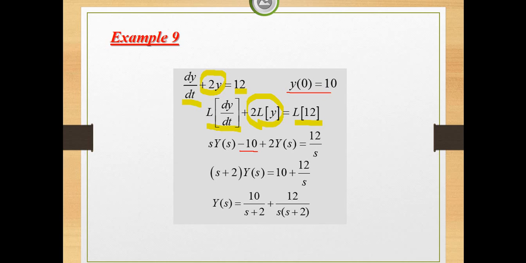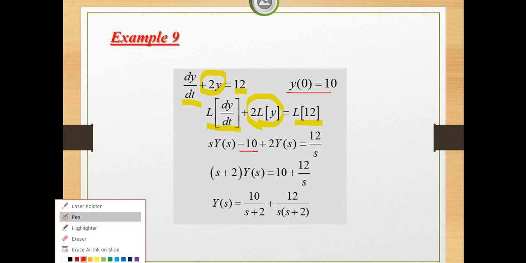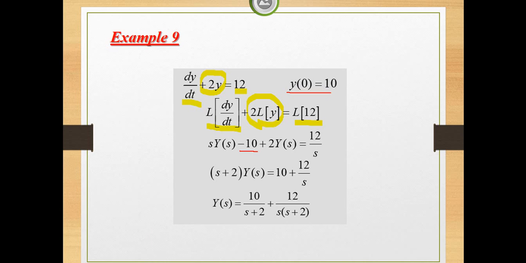Now, in this case, class, you have to isolate the terms, or factor out the terms which have Y(s), and keep them on this side of the equation. The terms which have the Y(s) you keep on this side, so that would entail Y(s) being multiplied by s plus 2 in this case.